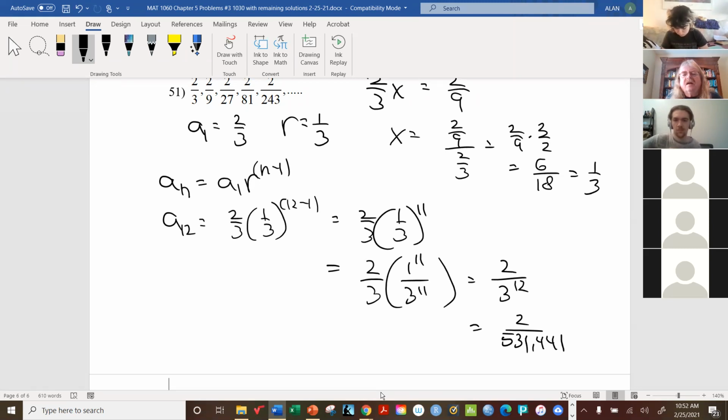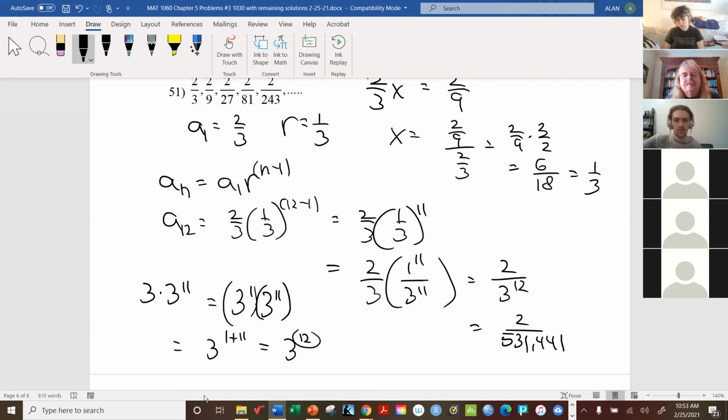Oh, watch this, because 3 times 3 to the 11th is the same as 3 to the 1st times 3 to the 11th. And then we apply our product rule. Because they have the same base, we can just add the exponents. Gotcha. Okay.